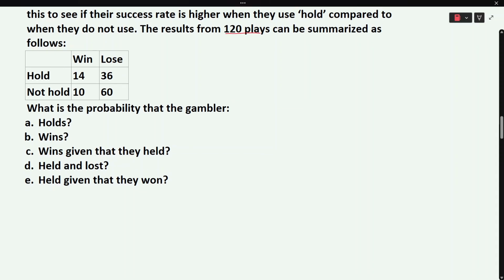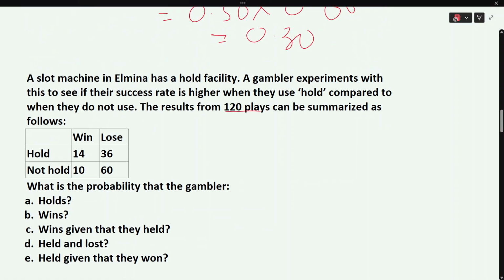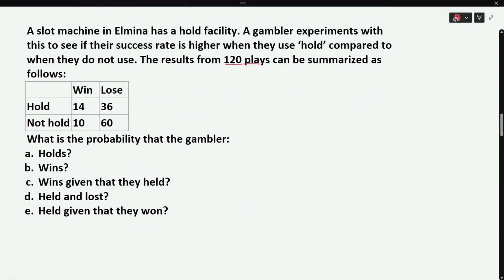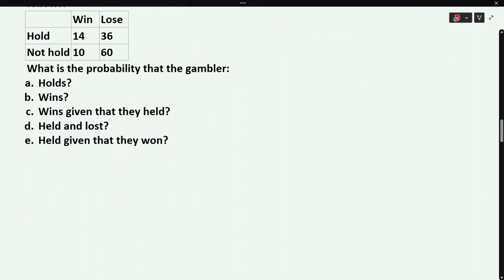We are asked to find the probability that the gambler held given that they won. So I've used some clues, given that, assuming that, all these ones.